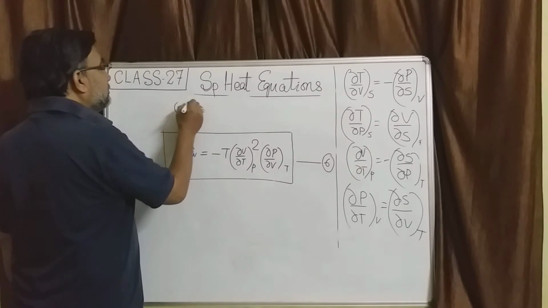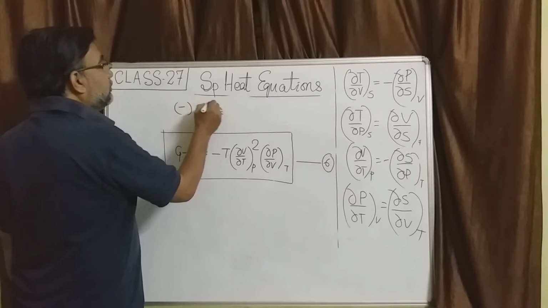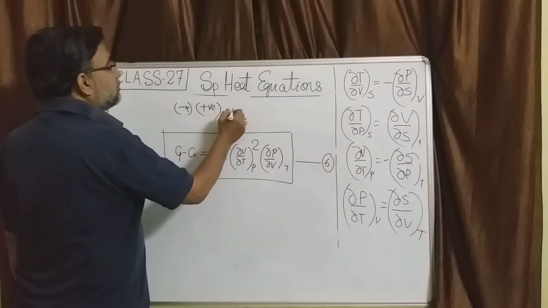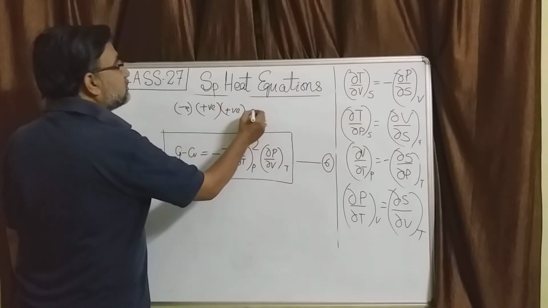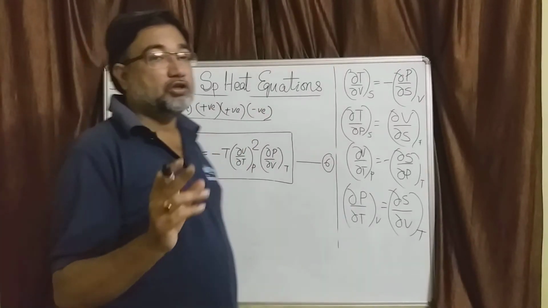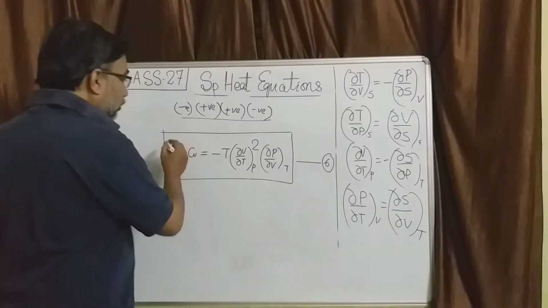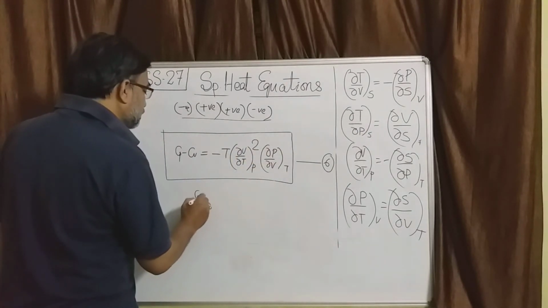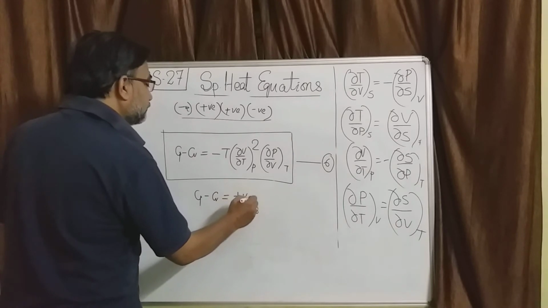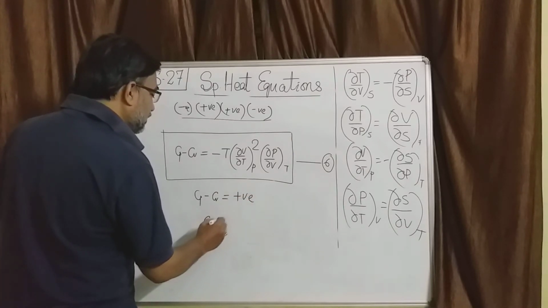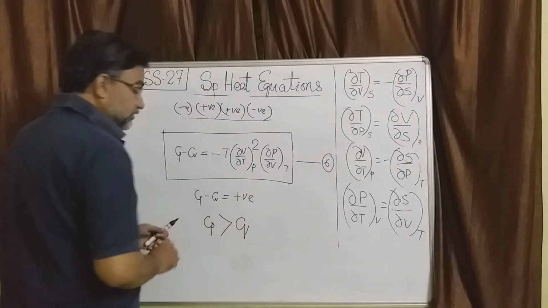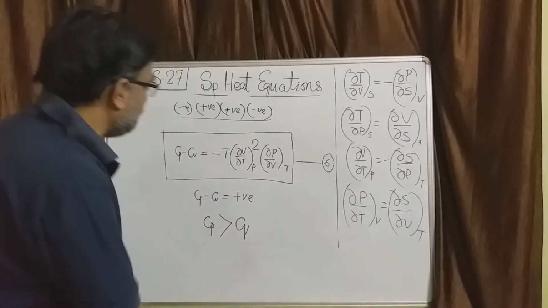There is already a negative sign. Then T is positive. This square term is positive, and this term is negative. So there are two negative terms and two positive terms. So this whole thing, Cp minus Cv, is positive. That means Cp is greater than Cv.